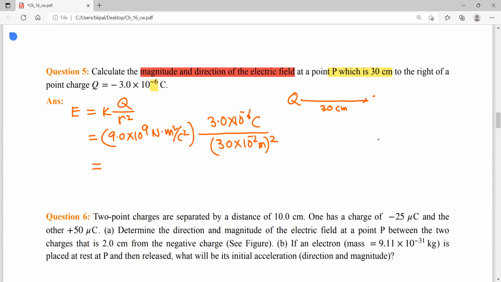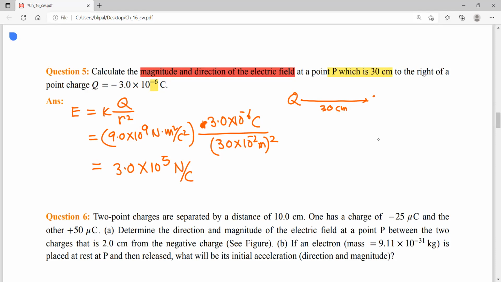This gives me 3 times 10 to the power 5 Newton per coulomb. Newton per coulomb is the unit for the electric field. So this is the magnitude. Don't plug the negative sign here when we calculate the magnitude.